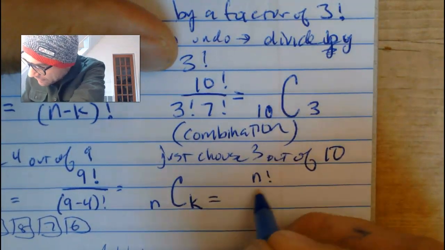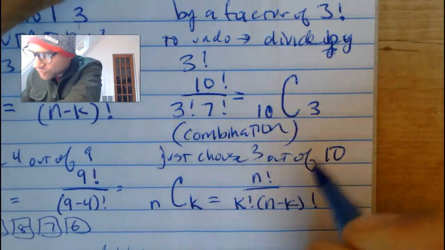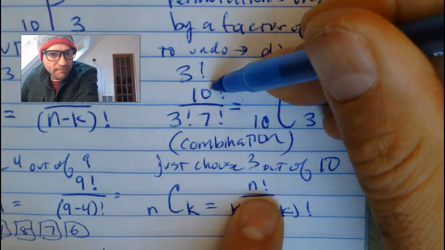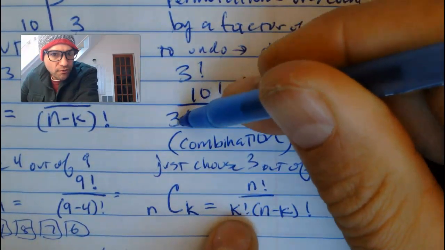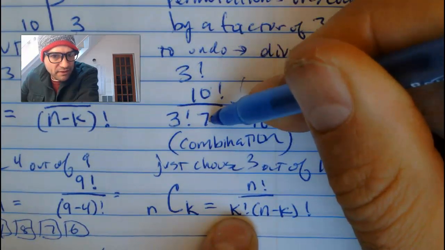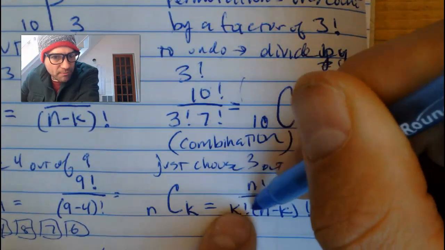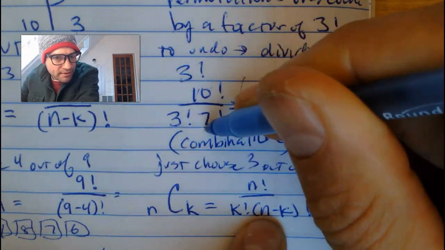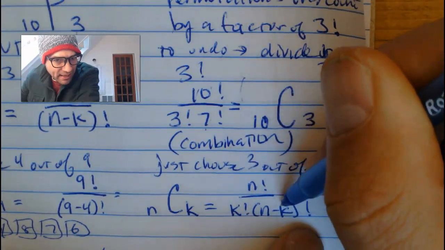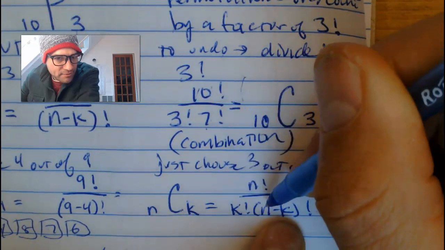You have your n factorial up top, k factorial, and then n minus k factorial, which will be the exact same thing as this. My 10 up top. Then how many am I choosing? 3. And then 10 minus 3 gives me that 7. One observation, these 2 bottom numbers always add up to the top. 3 and 7 will equal 10. And it makes sense because k plus n minus k, the k's cancel out and you end up with n, right? So these 2 numbers will always add up to n.